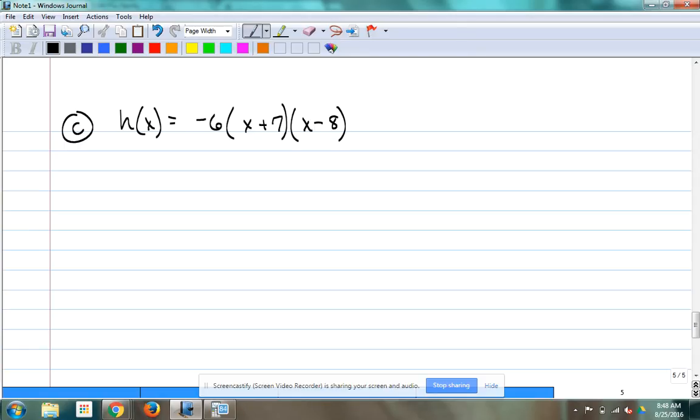Intercept form is what we'll try to call it, though I'll probably slip up and call it factored form plenty. What do we know about the graph just by glancing at it? It opens down. So when we go to do our range, it's going to go from negative infinity up to whatever that point is. So we have to find those things.